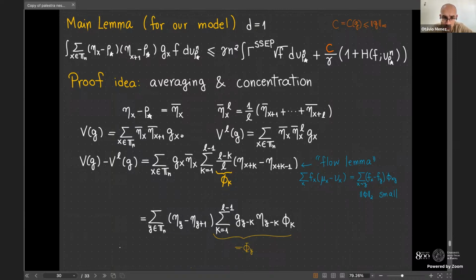Here's the function you want to estimate. It's a sum of local terms with weights given by some function g. And here's the averaged out term that you hope to be able to control with concentration.